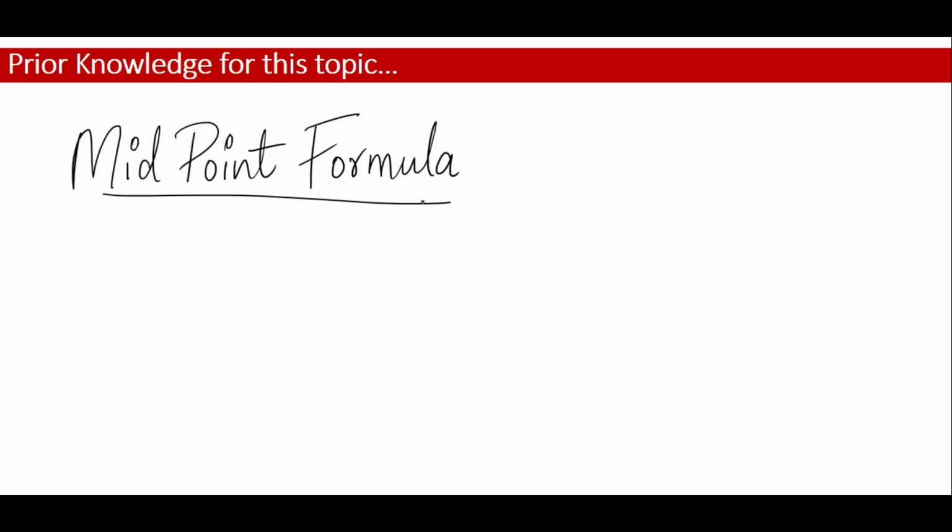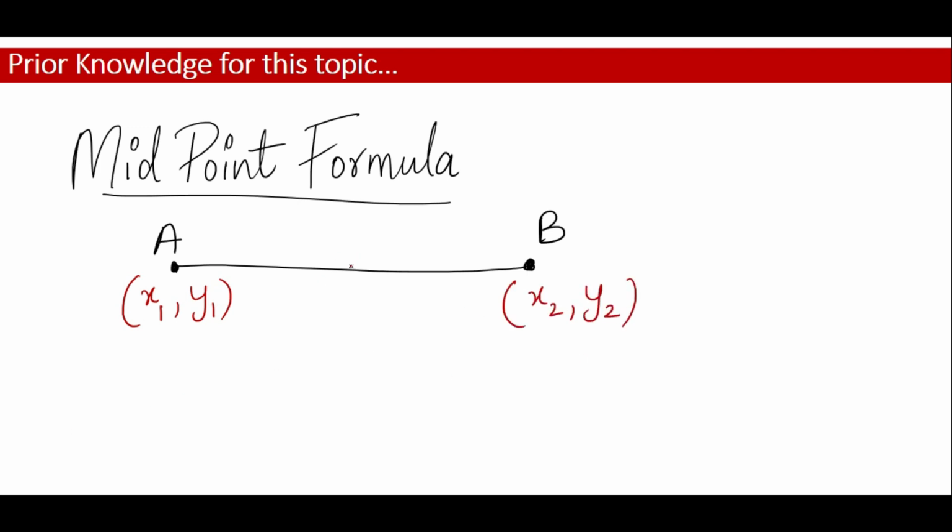Then you have the midpoint formula. Now if you want to find the coordinates of the midpoint C, which lies exactly at equal distance from A and B, let this coordinate be x comma y.